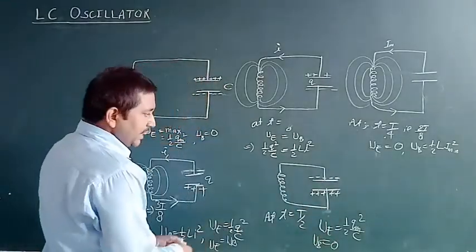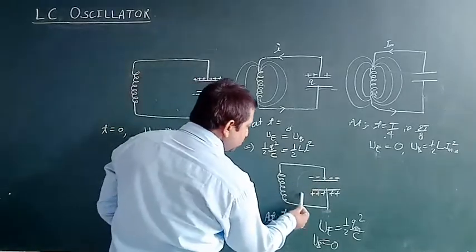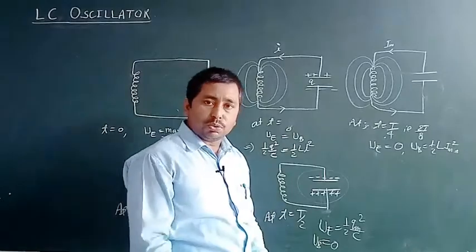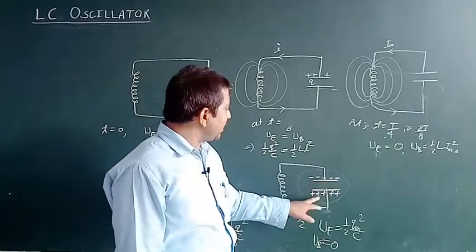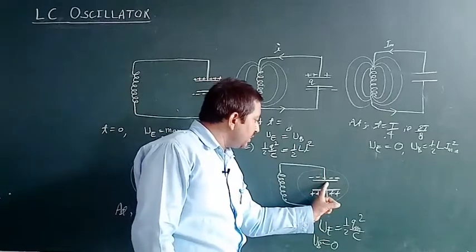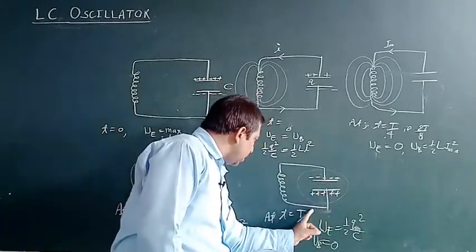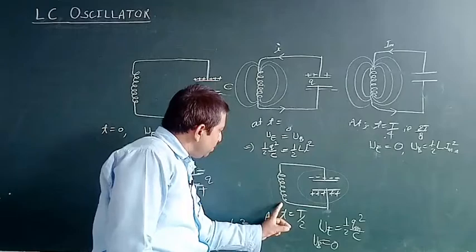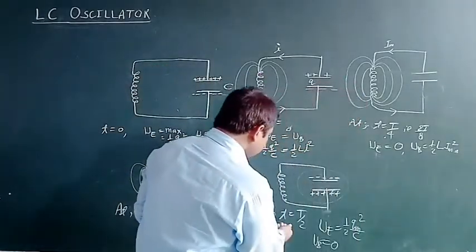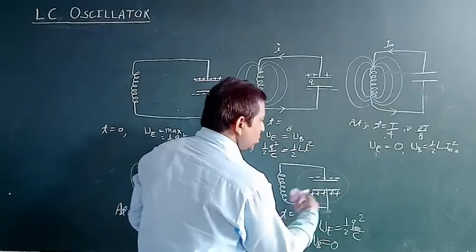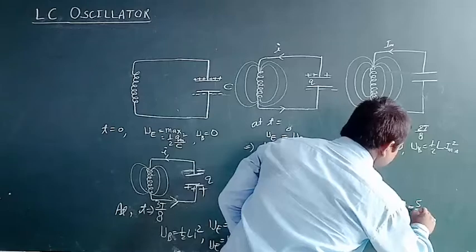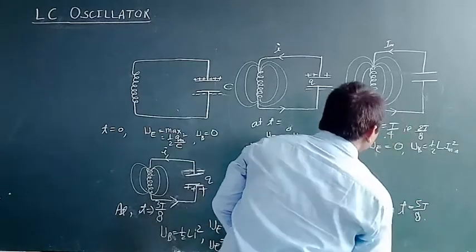Now in this case we are seeing that the capacitor is fully charged and it behaves like a cell or a battery or potential source, and this cell is connected to an inductor. So now the current will start to flow through the inductor from below to upward direction. Suppose we take t equal to 5T by 8.